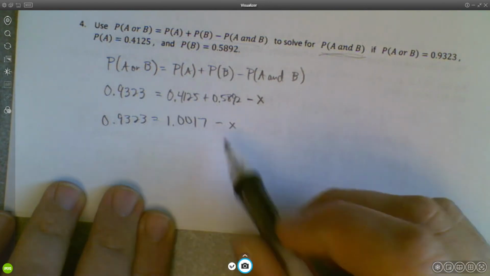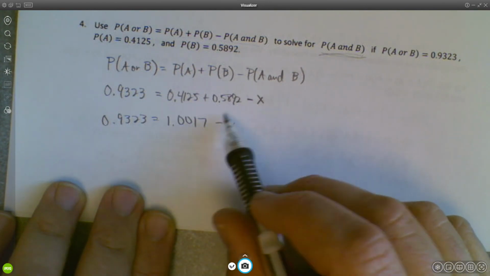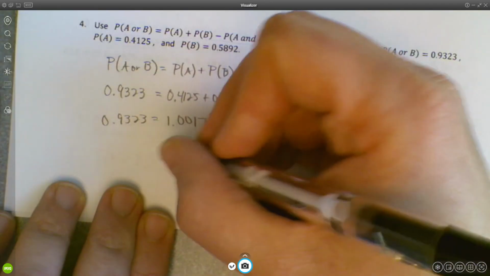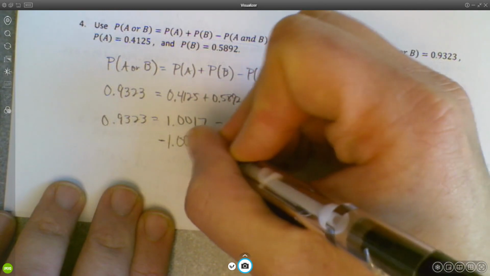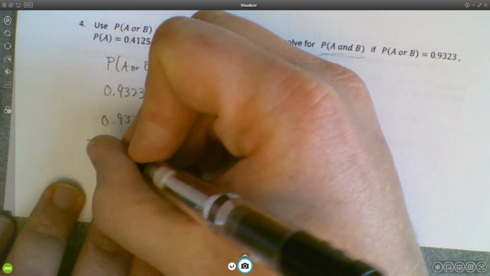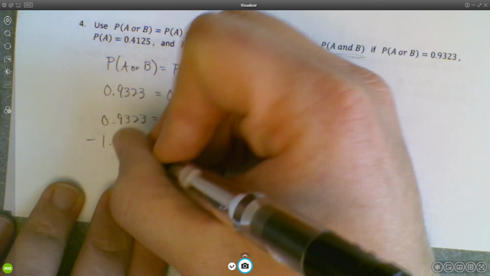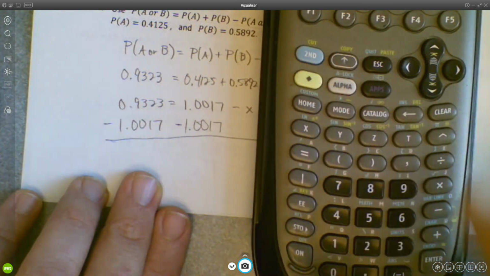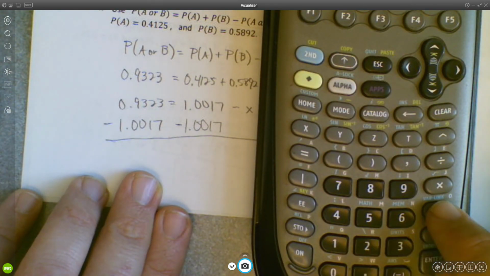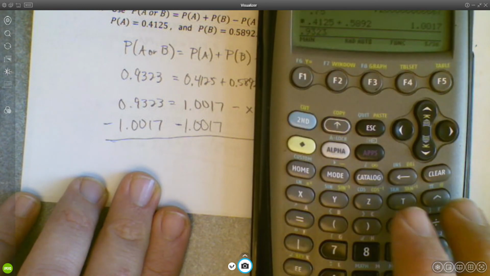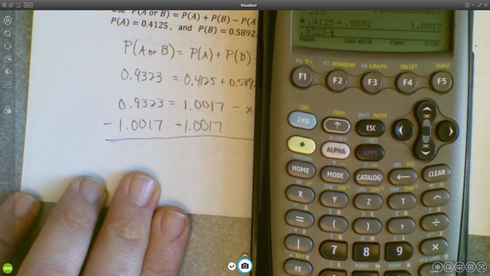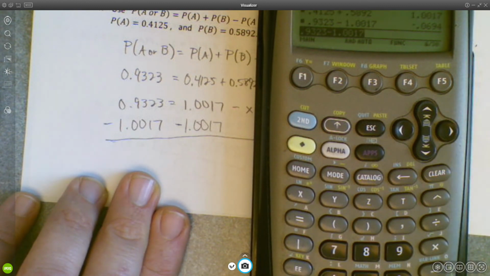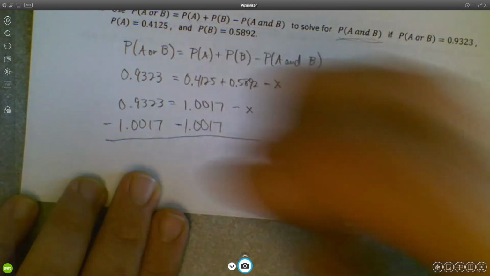Next thing I need to do to get x by itself would be, I've got a positive 1.0017 here, so I need to subtract 1.0017 in order to get rid of it. And I'm allowed to do that as long as I do the same thing to the other side as well. So let's see. 0.9323 minus 1.0017 is negative 0.0694.